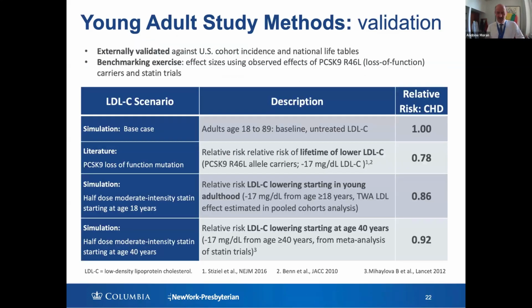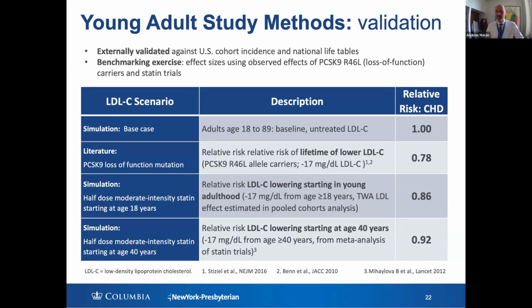So to make sure you trust this model, we did have to do some validation. To start with, the US cohort incidence of ASCVD and mortality rate were validated using contemporary national life tables. And we also performed a benchmarking exercise. Now, if you remember the slide I showed you about Mendelian randomization studies, you remember that there was this greater effect size for people who had those LDL cholesterol lowering variants compared with people with wild type.